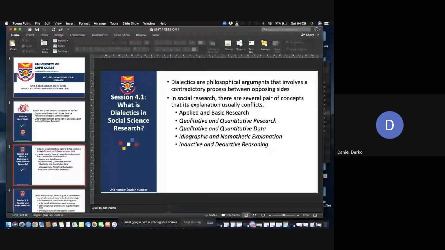We have applied and basic research, qualitative and quantitative research, qualitative and quantitative data, ideographic and nomothetic explanation, inductive and deductive reasoning. So these are arguments that oppose each other.